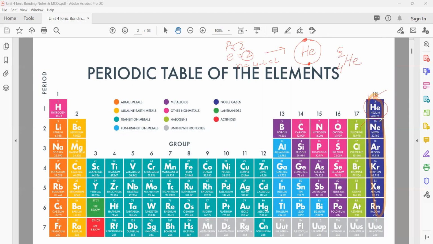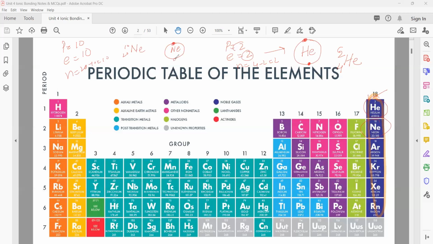If you see neon, for example, here I write neon. Neon is 10 and 20. So how many protons are there? 10. How many electrons? 10. How many neutrons? 20 minus 10, 10. If I want to draw the structure, I will draw the first shell. In the first shell, how many can come maximum? 2.